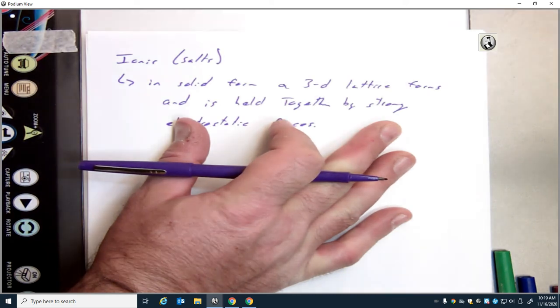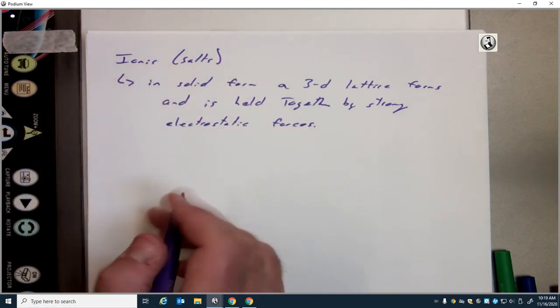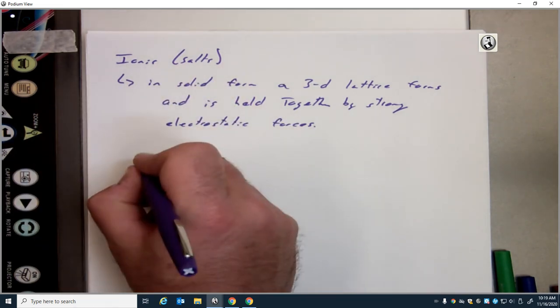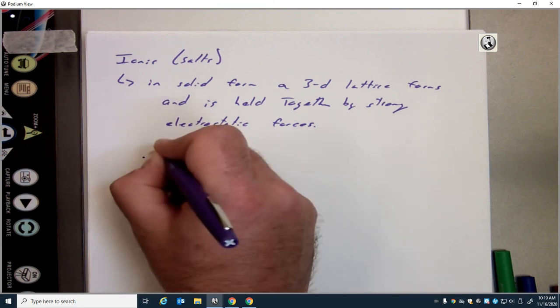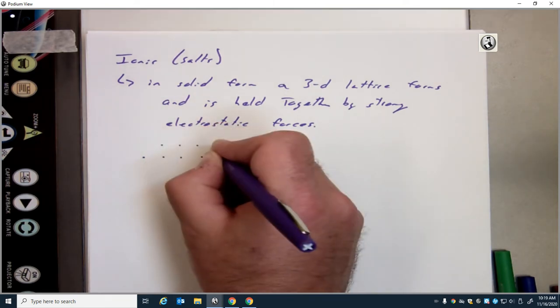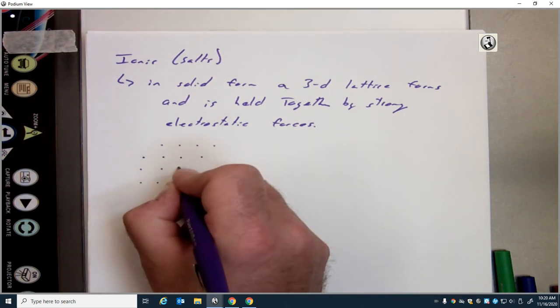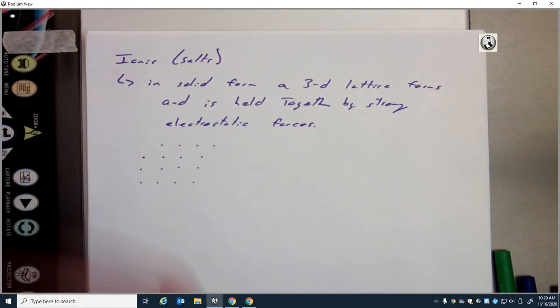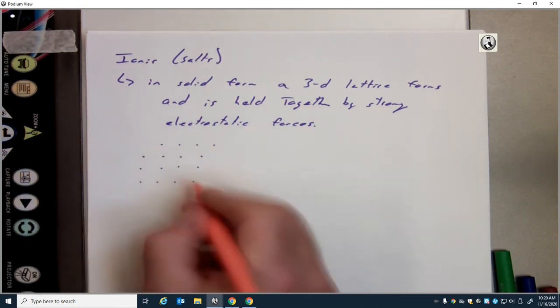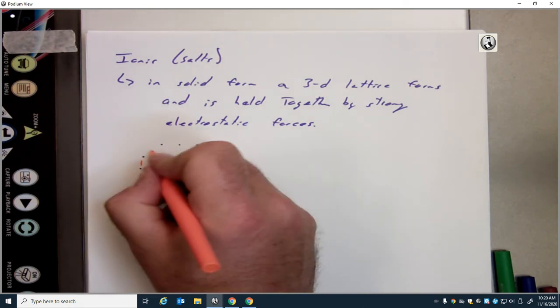So these ionic salts give us that three-dimensional lattice. Let's see if I can kind of draw it. If these are our positive and negative atoms, this would be an electrostatic force here, an electrostatic force here.